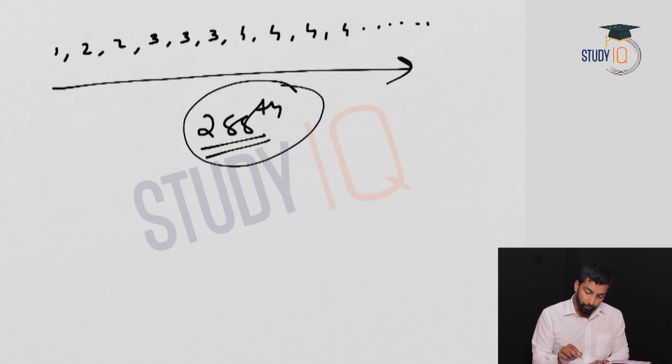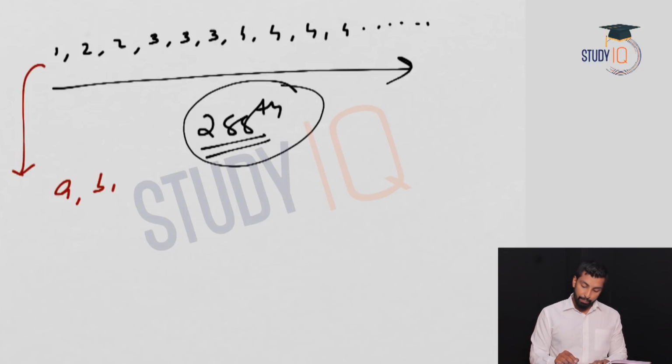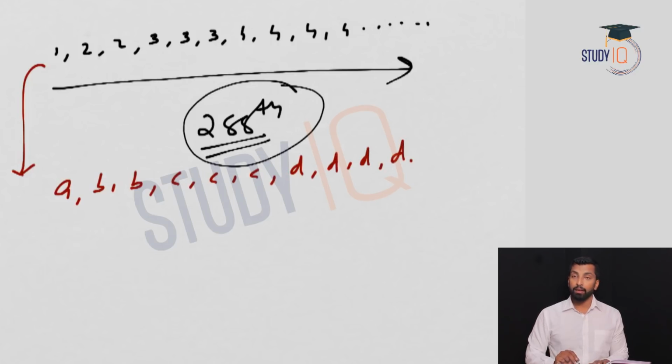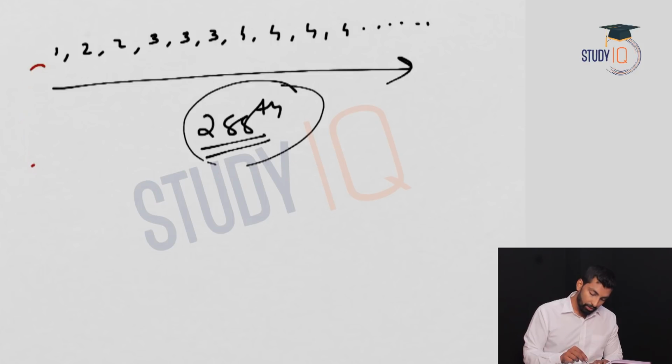Instead of 1, 2, 2, 3, 3, 3, 4, 4, 4, 4, etc., the actual question was A, B, B, C, C, C, D, D, D, D. This was the question and the 288th term is what was asked. But let's understand it with numbers, since the answer is the same. So let's find the 288th term of this series.